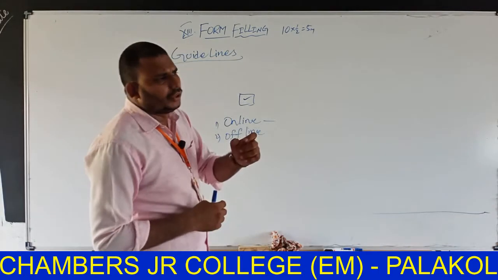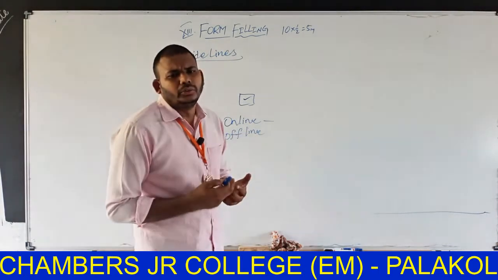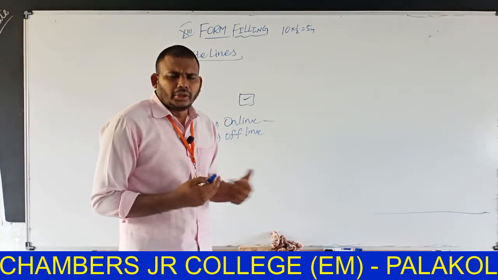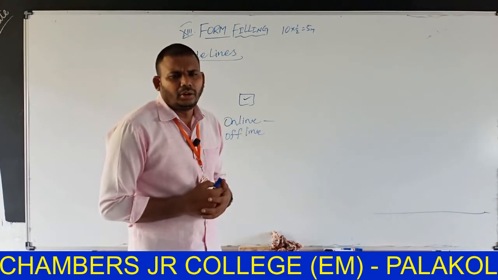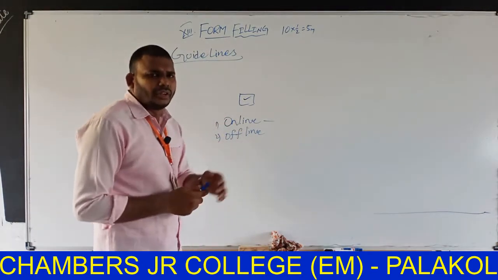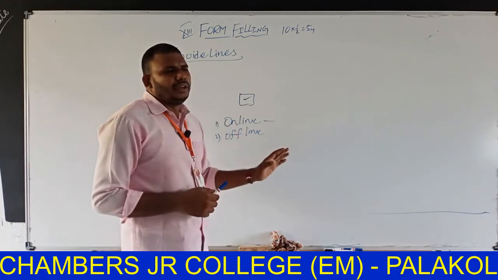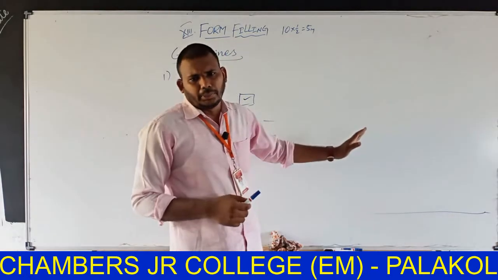So an example of an online form is given in your textbook, but according to the examination pattern, only offline forms are given. In the exam, the form will be directly printed in the question paper.